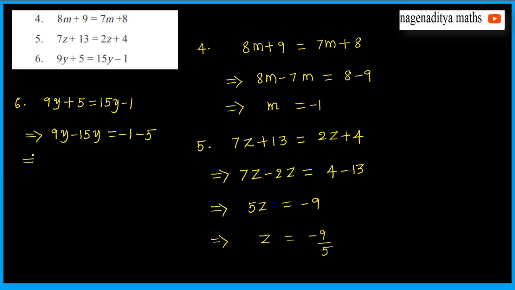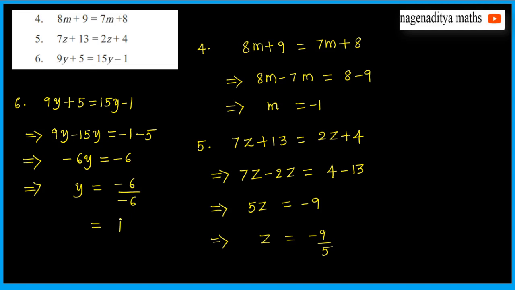So this implies 9y minus 15y is minus 6y is equal to minus 6. So this implies y is equal to minus 6 by minus 6. So this is equal to 1.